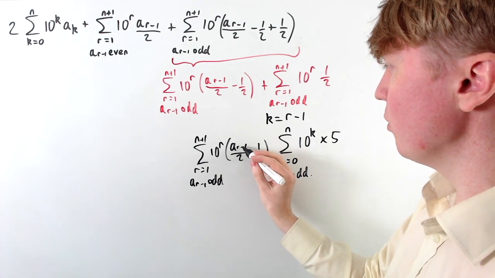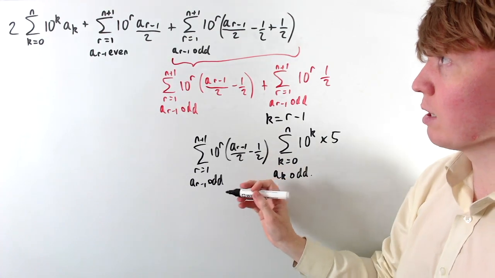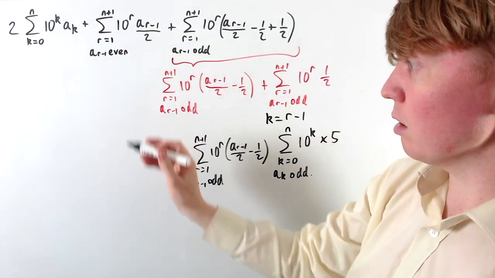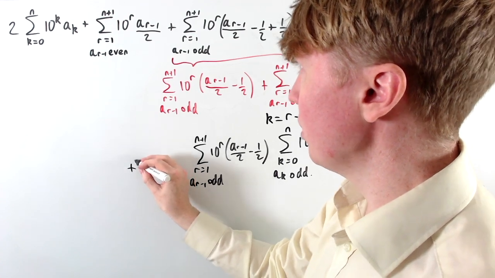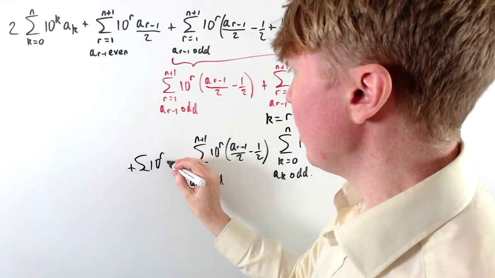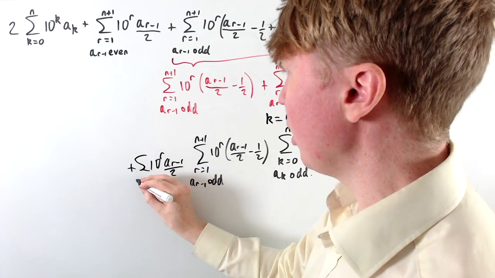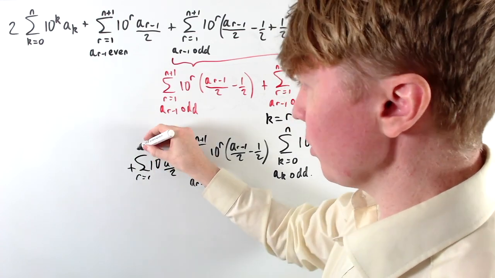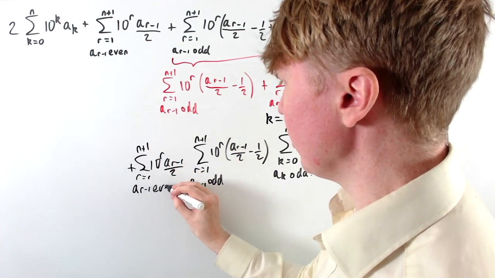So this is effectively where we have an odd digit, we need to subtract a half to round this down, and we can also add in the other two previous parts of the sum. So we've got here plus the sum of 10 to the r times ar minus 1 over 2 where r goes from 1 up to n plus 1 and the digit ar minus 1 is even.